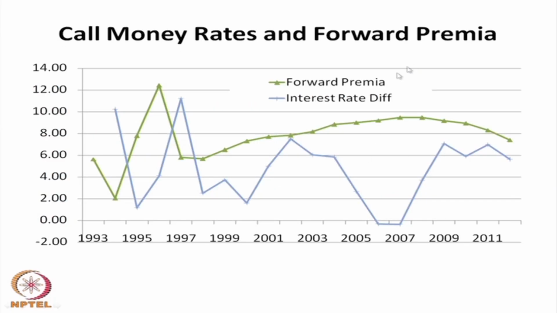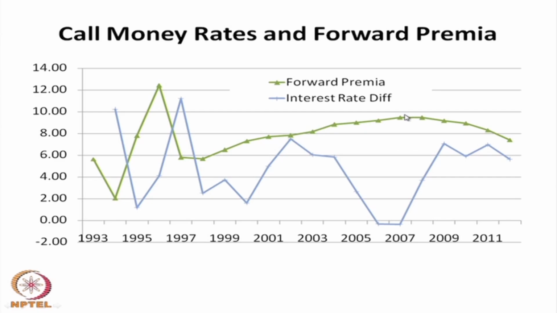Similarly, I have looked at the forward premium and the interest rate differential. For the interest rate differential I have taken the call rate and the Fed fund rate of the US and tried to find the relationship between these two. To some extent these two are related, because when the interest rate differential is volatile, the forward premium is also volatile, and when the interest rate differential is increasing, the forward premium is also increasing.